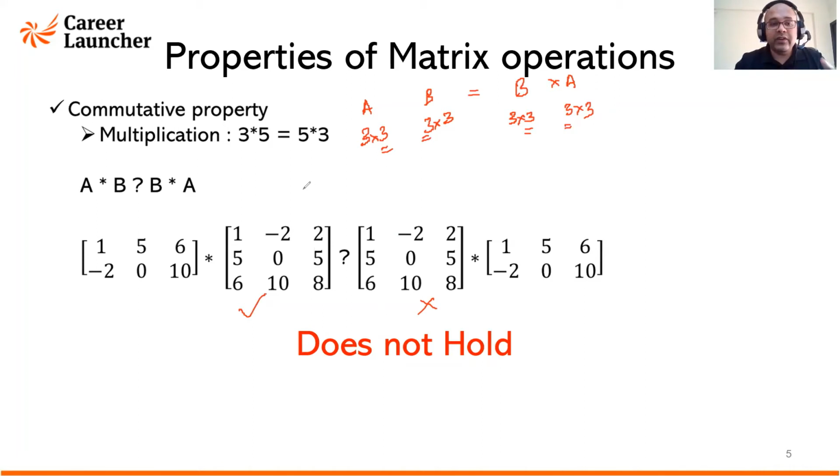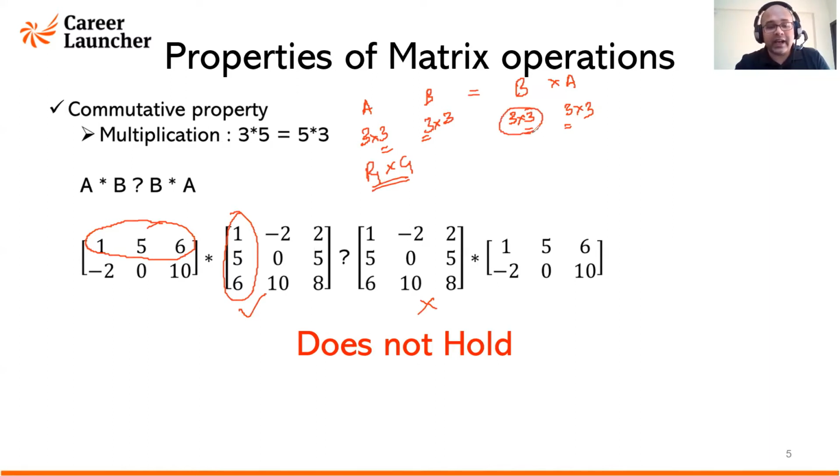But you will notice that it is always the first row multiplied with the first column. So when you do the multiplication on the left hand side, yes, you will get an answer. It may or may not be equal to the answer on the right hand side, because the first row here is getting multiplied with the first column here, that is your first element.